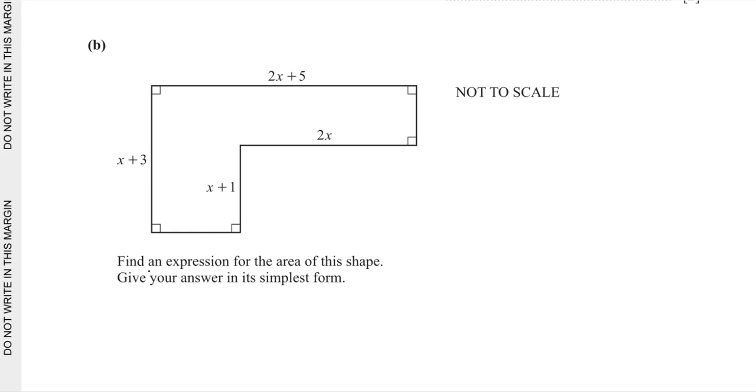Next question. Find an expression for the area of the shape. Give your answer in the simplest form. To do that, first we're just going to draw a straight line here.